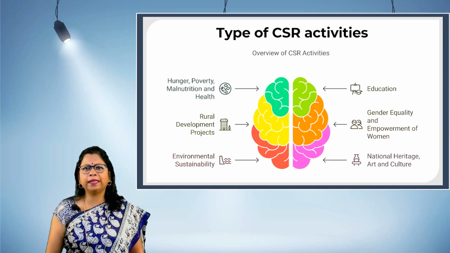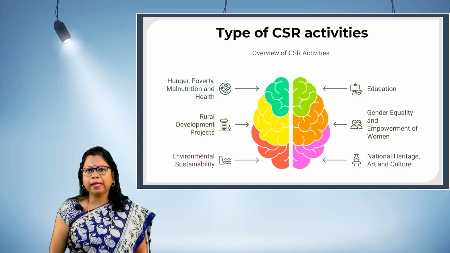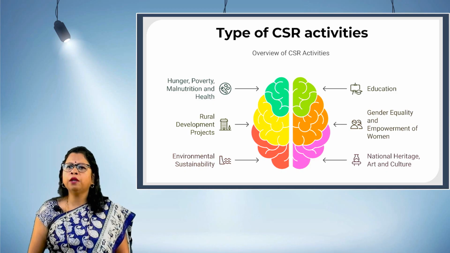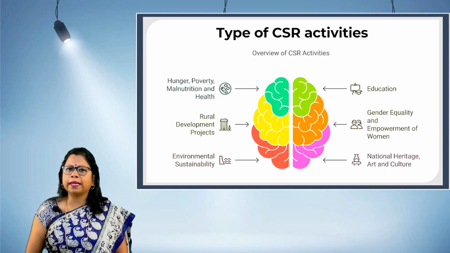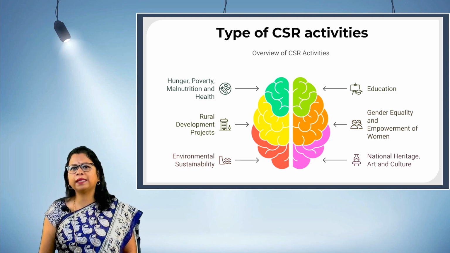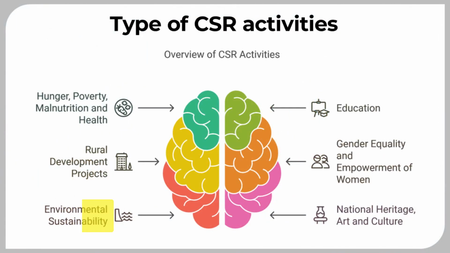Promoting gender equality and empowering women, setting up homes, hostels, and daycare centers for women and orphans, setting up old age homes and other similar facilities for senior citizens. Environmental sustainability.